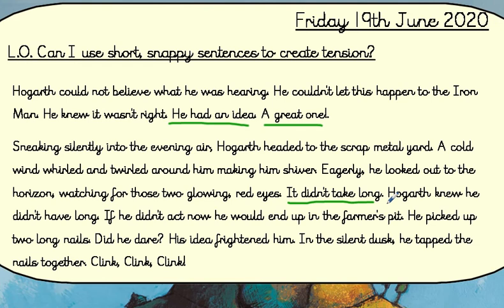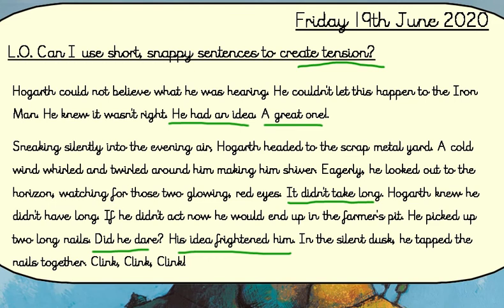That's what we're doing here. So I've got, it didn't take long. Did he dare? His idea frightened him. So really short, snappy sentences to get our readers on the edge of their seats and create this tension, this excitement. So you're going to have a go at writing what happens next.